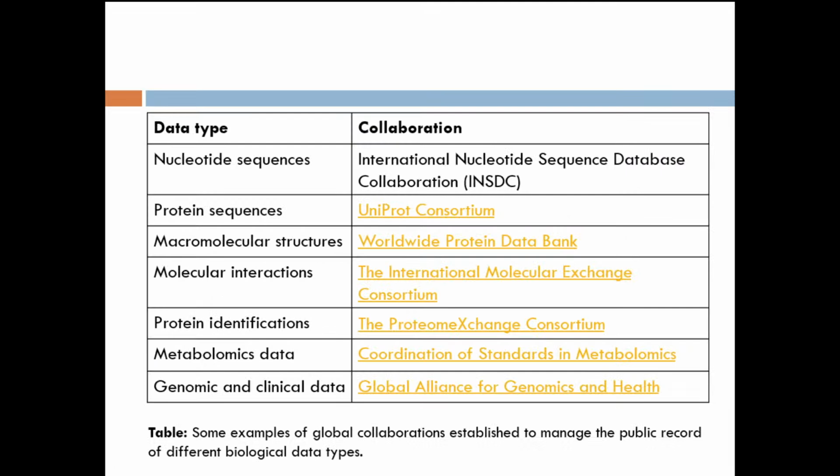Here is the table, the nucleotide sequence. One collaboration was there, the International Nucleotide Sequence Database Collaboration. The name of this collaboration is INSDC, and the members are joined by DDBJ and ENA.